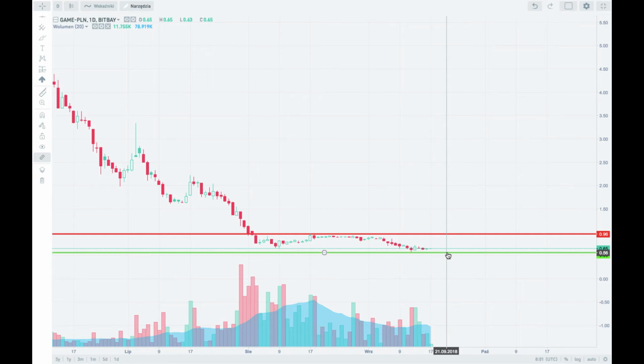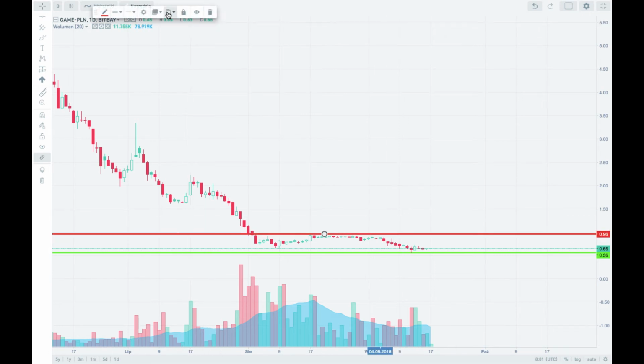So what should bulls be looking for if they want the trend to reverse to an uptrend? The first thing is the local technical resistance, 0.96. This level must be violated.